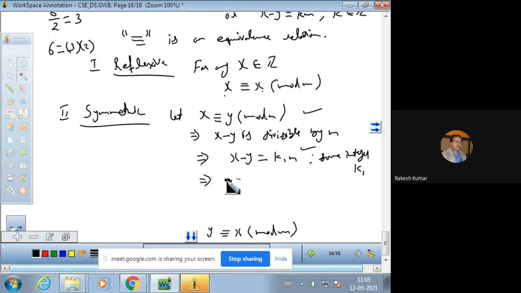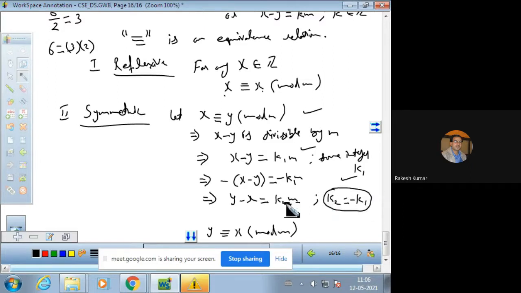Now, if we multiply both sides by a negative sign, we get y minus x is equal to k2 times m, where k2 is the negative of k1. The negative of an integer is also an integer.